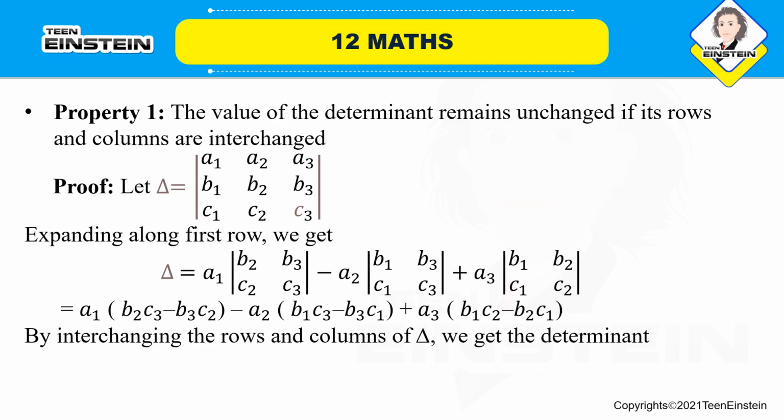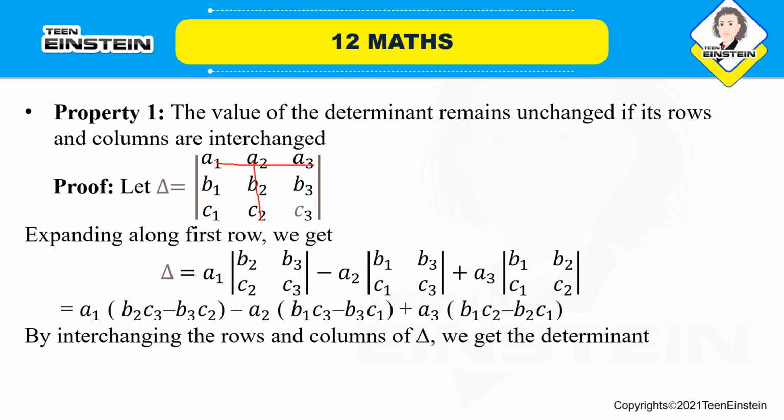So minus A2, and if you delete the row and the column having the element A2, then you will get the determinant B1, B3, C1, C3. It's a 2 by 2 determinant.